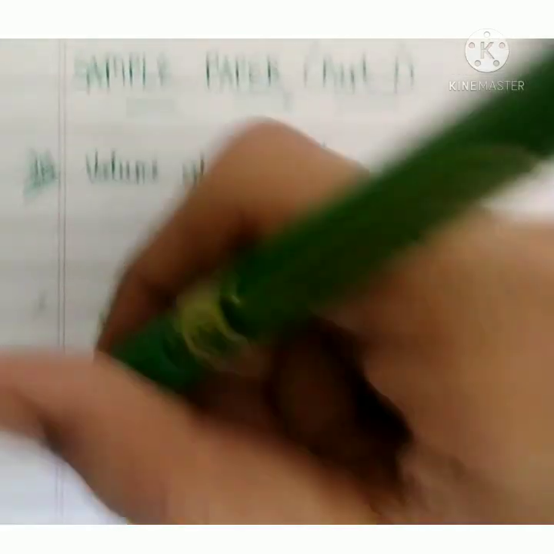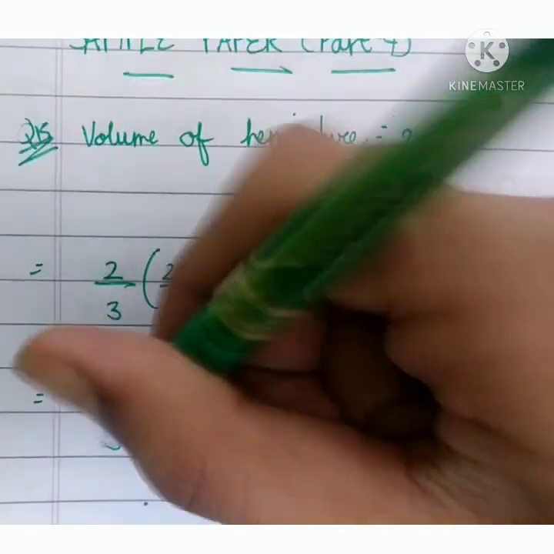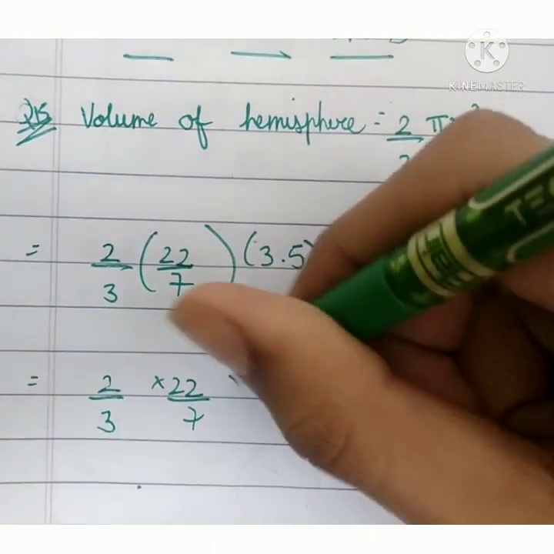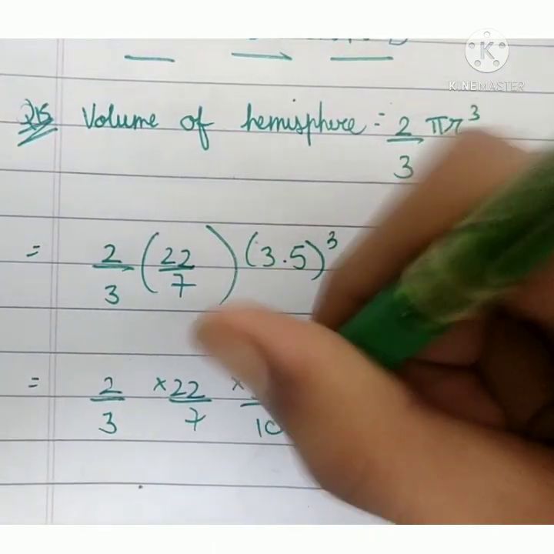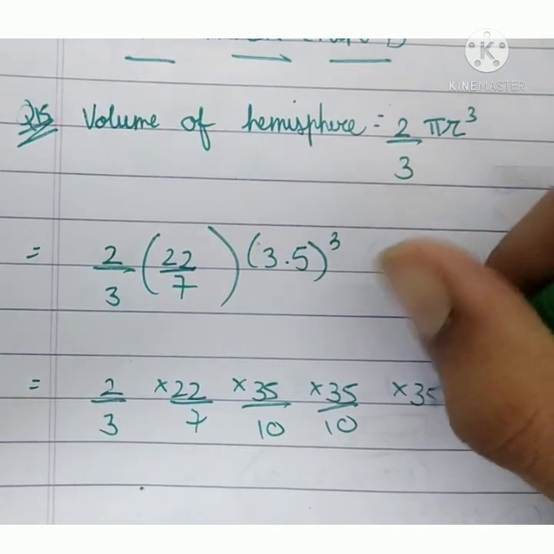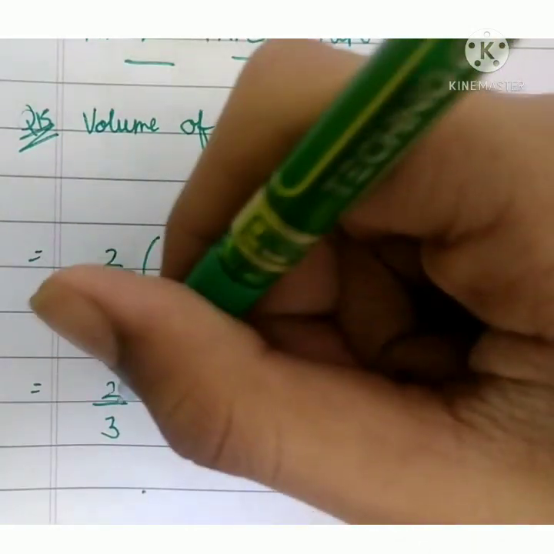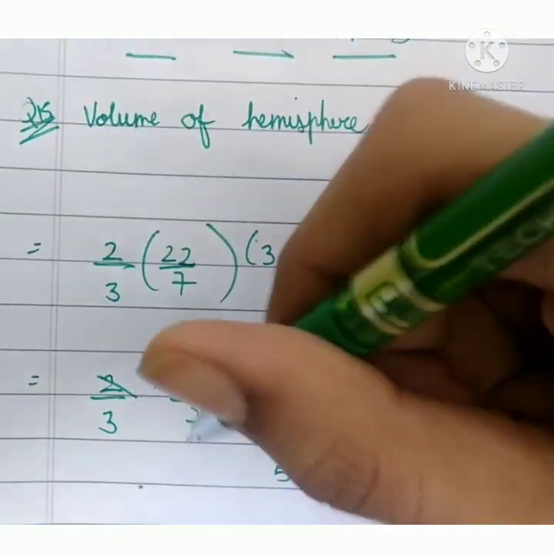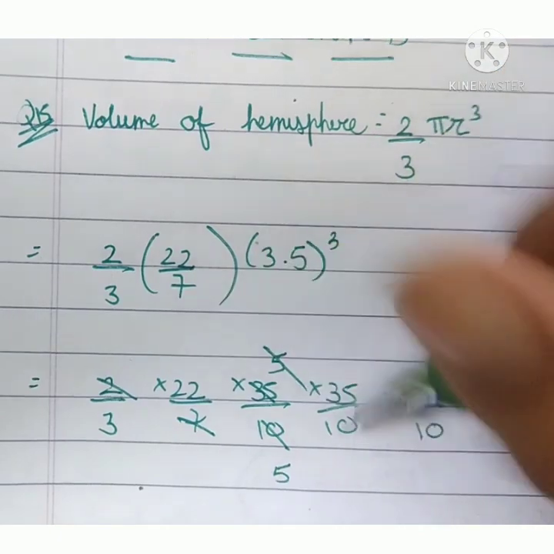Now let's see if anything can be cut. For that, let's convert it into a simpler form. Now this from 5, the 5 and 5 will get cut.